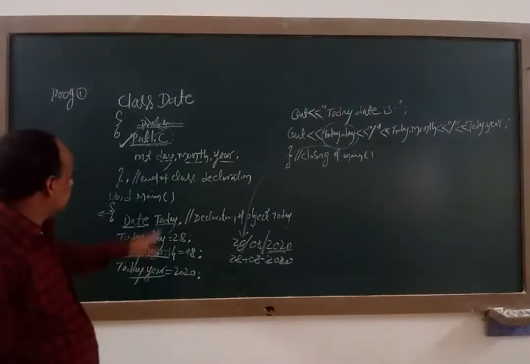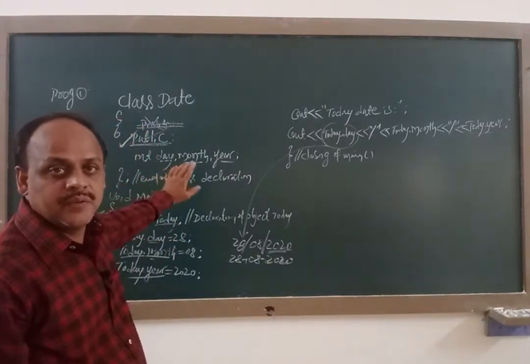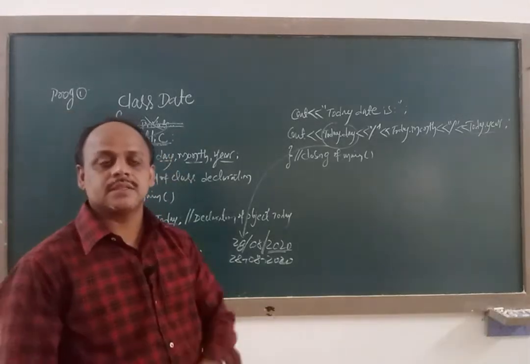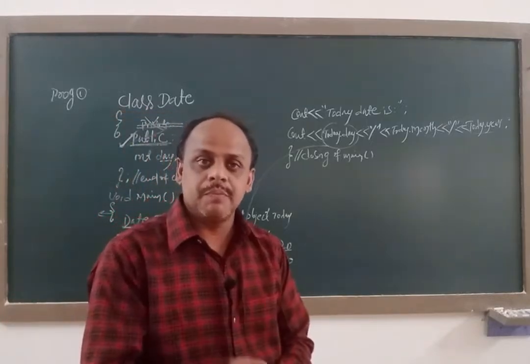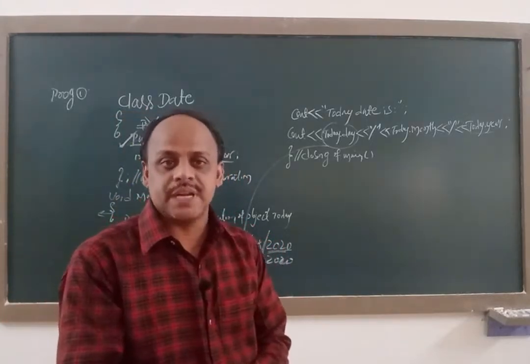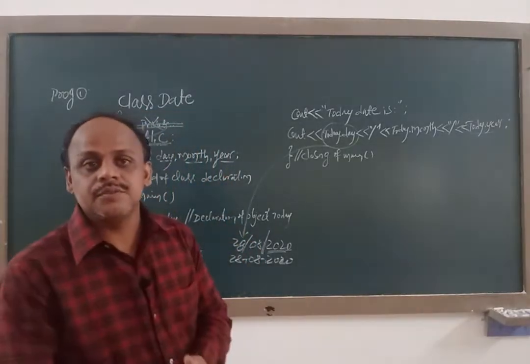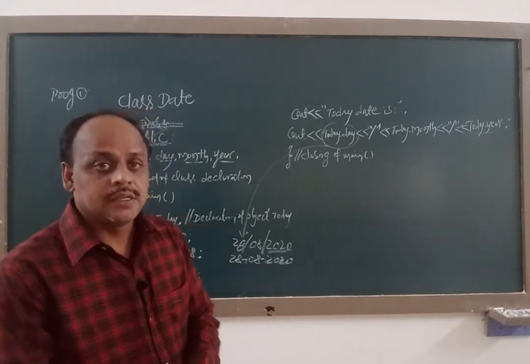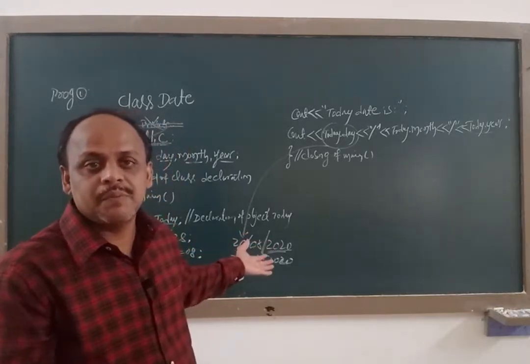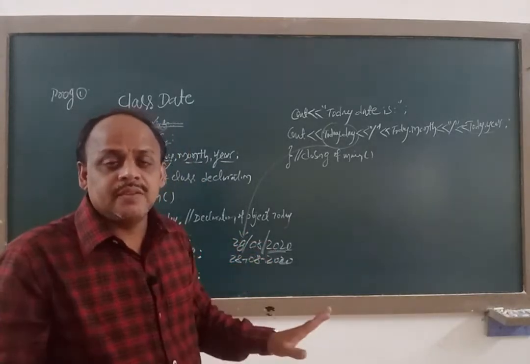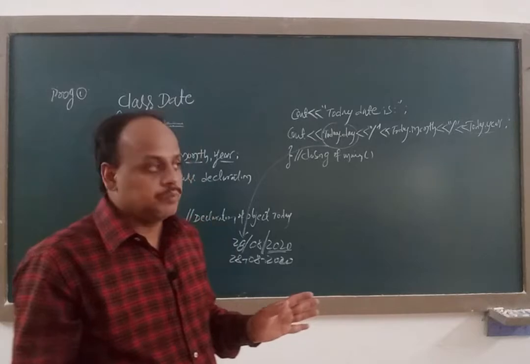And one more thing we can observe here: only data members are there, right? Here we are not seeing any member functions. But generally, we say a class is a combination of data members, member functions as well as objects. Here data members are there, an object is there, but member functions are missing. To complete this task, that is assigning values to the data members and displaying them, we don't need any member functions.